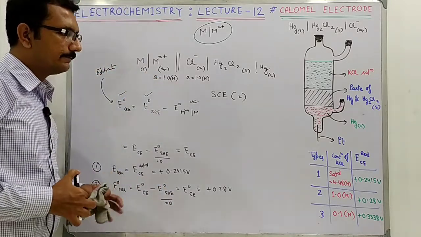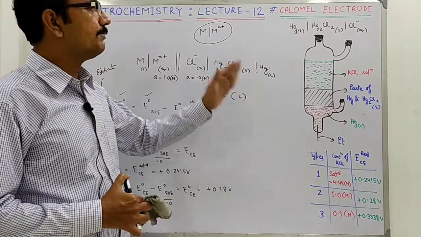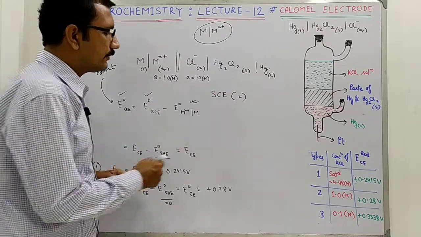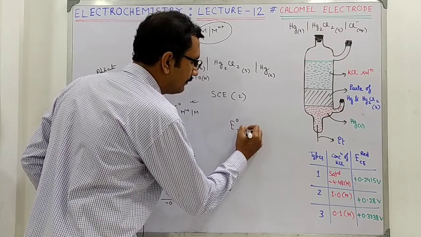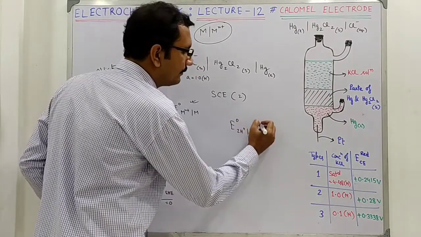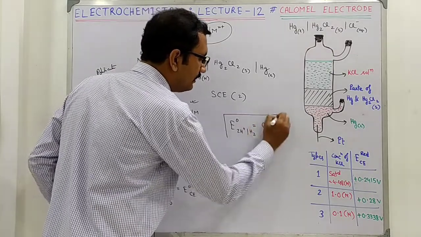Now, think why it is secondary and standard hydrogen electrode is primary. We have considered the reduction potential of standard hydrogen electrode to be 0 volt, that we have considered in convention.